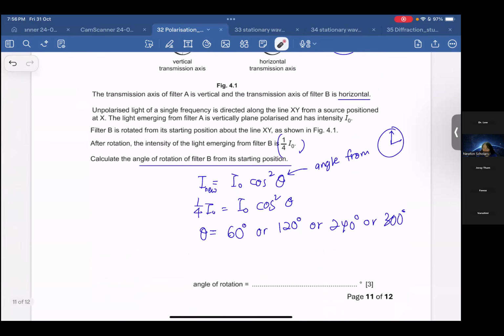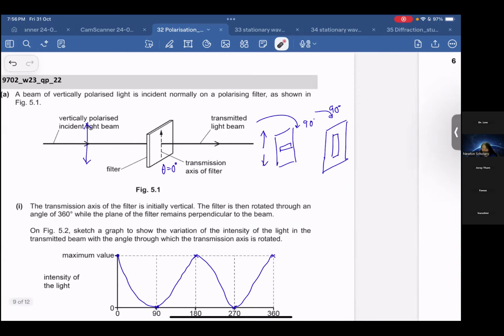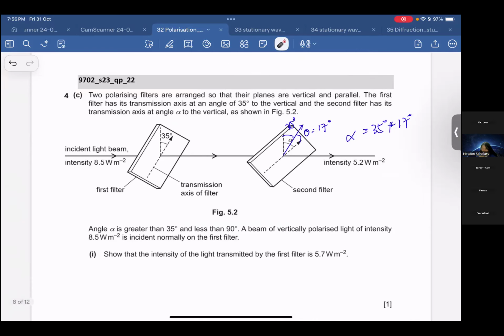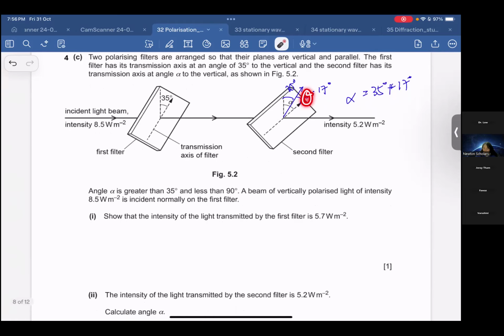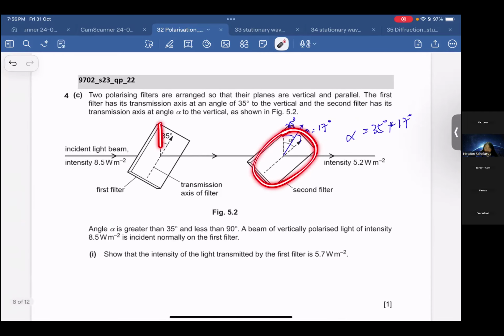Okay, I repeat one more time. The angle that you calculate actually is the angle that we measure from the vertical filter until the next one. Okay, so it's like this. Let me have a look. Find an example to show you. Okay, the angle that you count actually is the filter compared with the initial, first one.